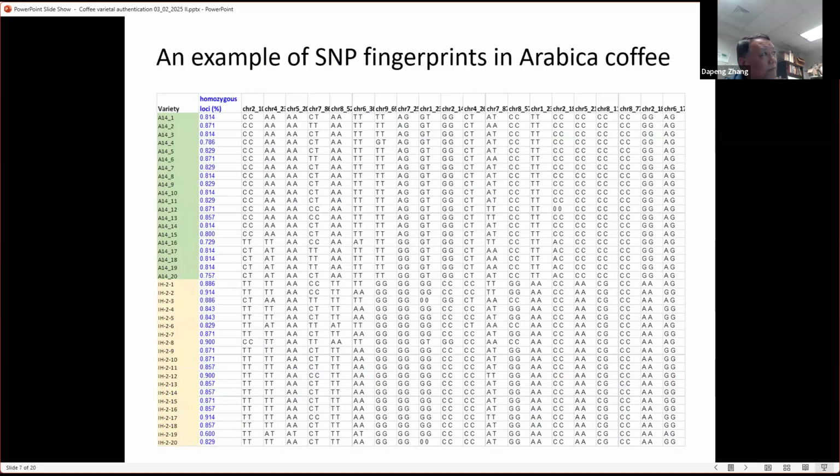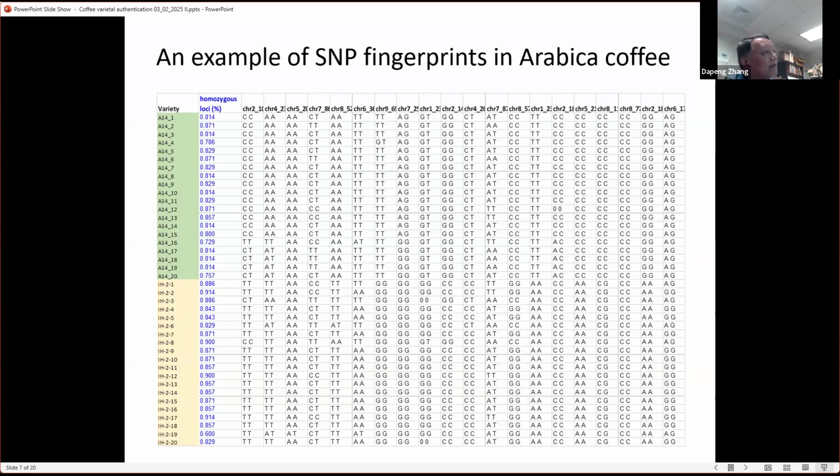So this is an example of the SNP fingerprints we generated for Arabica coffee. The top one is called Anacafe 14. The bottom one is IH90, both Catimor type coffees. What was a surprise to us when we saw the fingerprints was that we noticed there's a high rate of intra-varietal segregation.